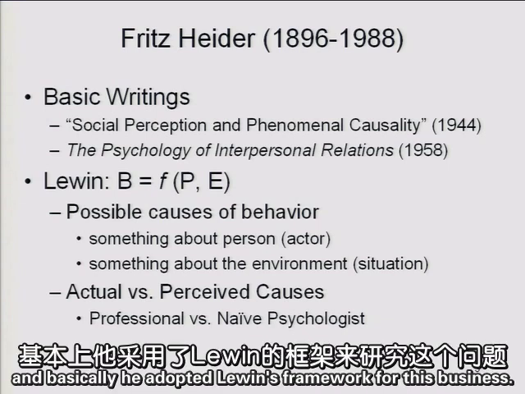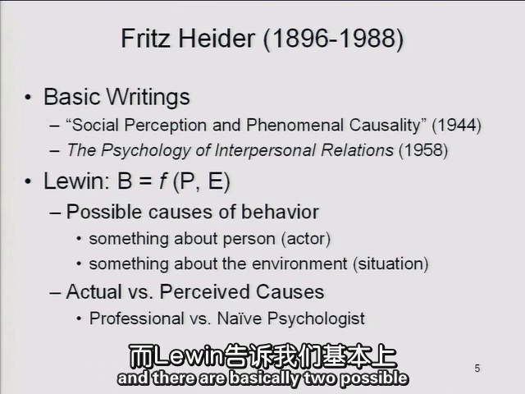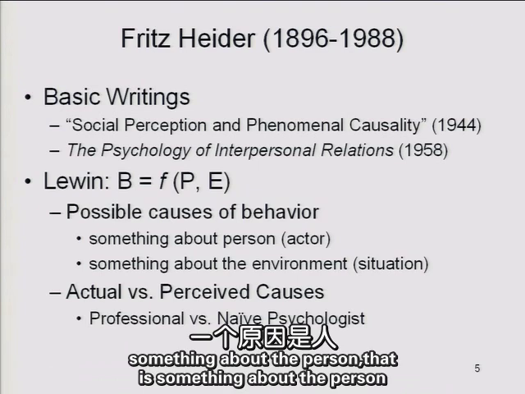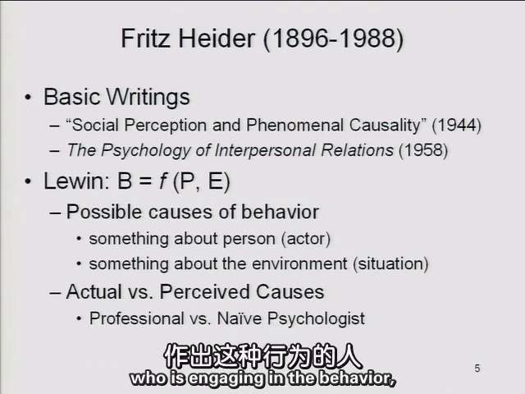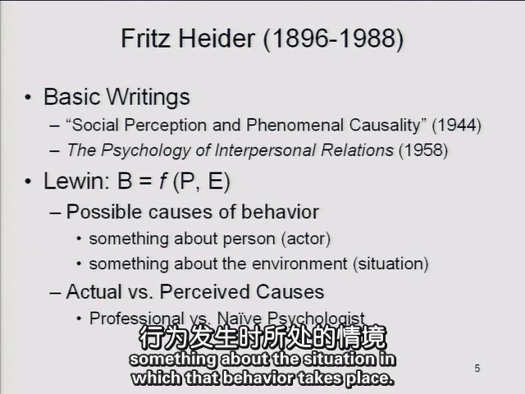And basically, he adopted Lewin's framework for this business. He says, look, there's behavior to be explained, and there are basically two possible causes of the behavior given to us by Lewin. Something about the person, that is something about the person who's engaging in the behavior, or something about the environment, something about the situation in which that behavior takes place.